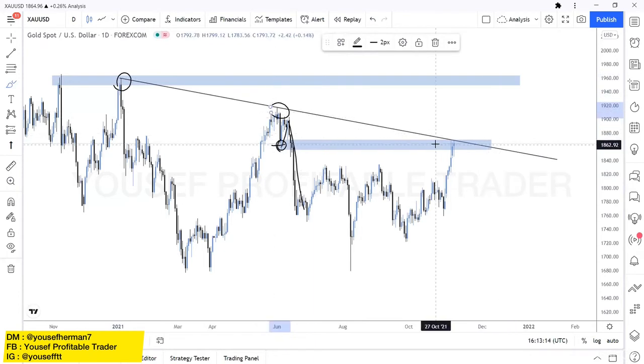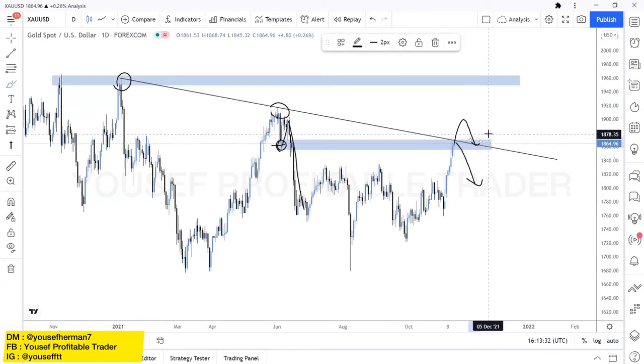So possibly it can retest and reject the price to the downside again. Or else, let's say it broke to the upside, then this same level can be a level for us to look for buys. So this is what we call a confluence zone.